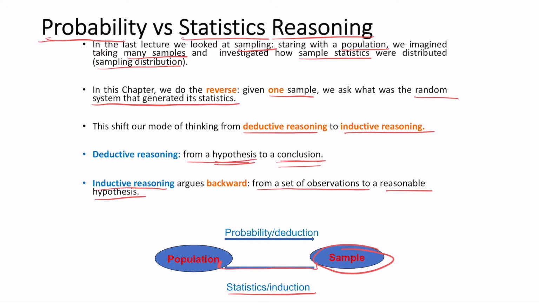Why would we do that? For a simple example, let's say I have a given population here. Let's say this is the population of all people with rheumatoid arthritis.